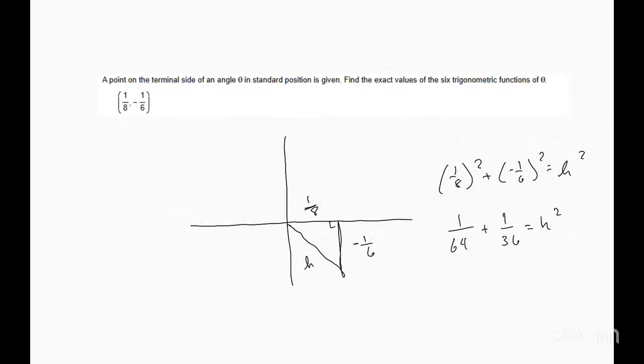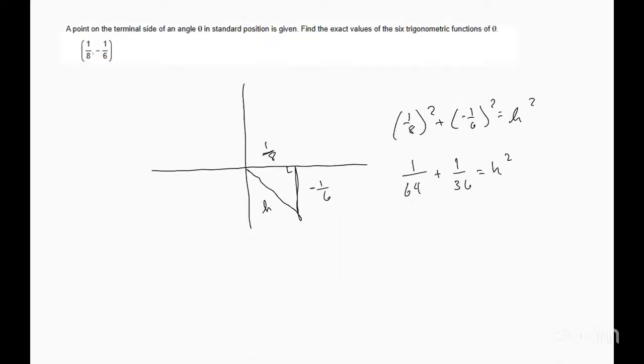Okay. So this would be, 64 is just 2 to the 6th power, and 36 is 6 times 6, so it's 2 squared and 3 squared, right? So that means I need to multiply this over here by 3 squared on the top and the bottom, and I need to multiply this up here by 2 to the 4th on the top and the bottom. See what I'm doing there? And that will allow me to get a common denominator.